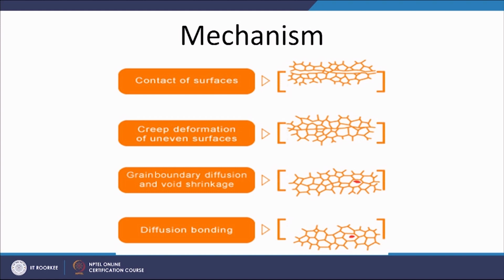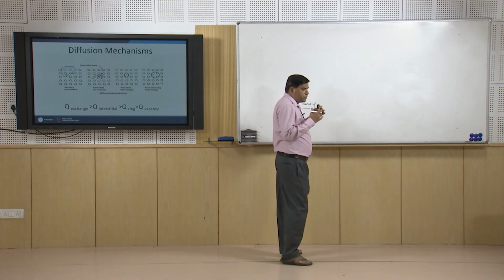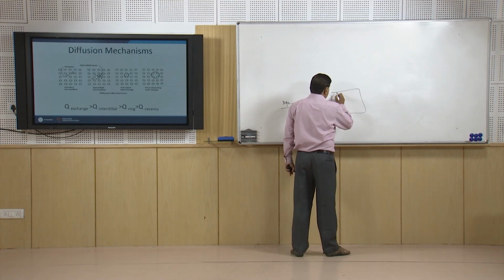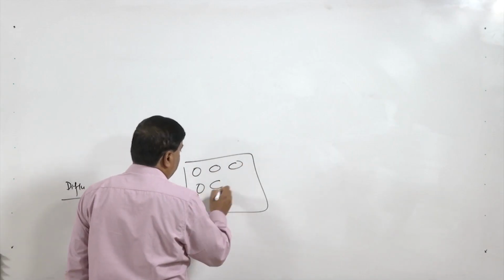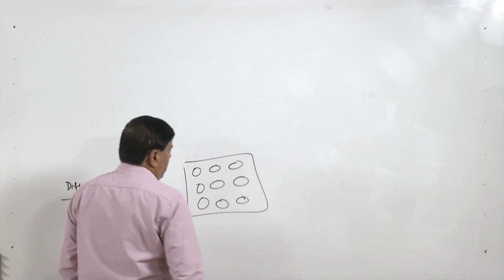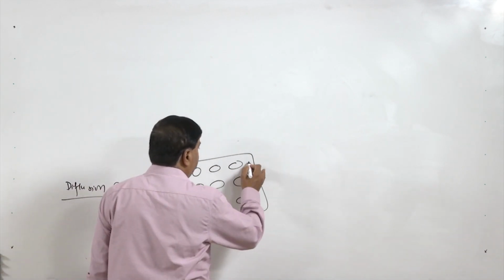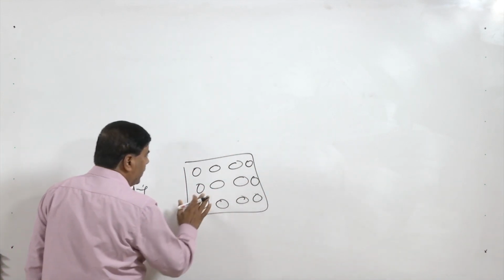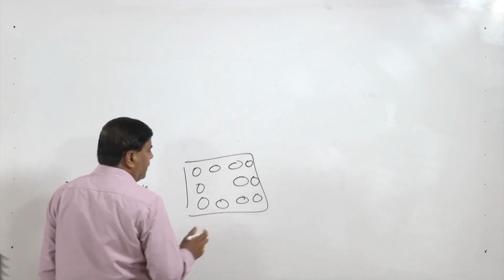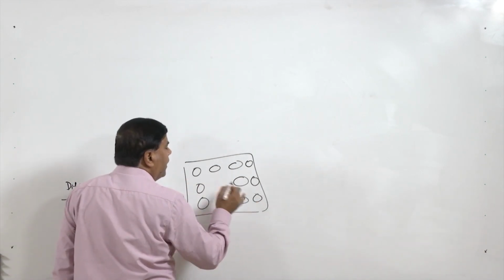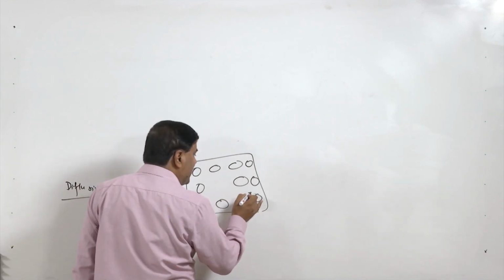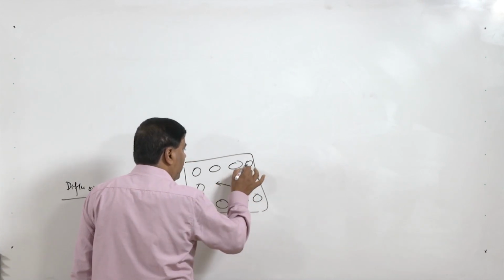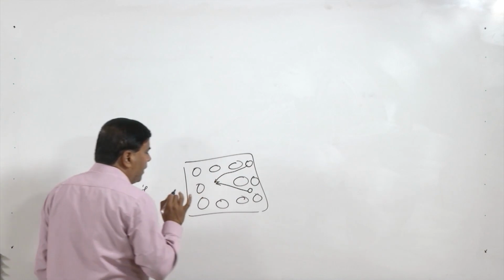Diffusion occurs in a number of ways, through a number of mechanisms. What is needed for the diffusion to take place is the regular arrangement of the atoms. If, say, this atom is missing, then small size atoms can easily move, this interstitial atom can easily move and fill this space, or this atom can easily move and fill this space.